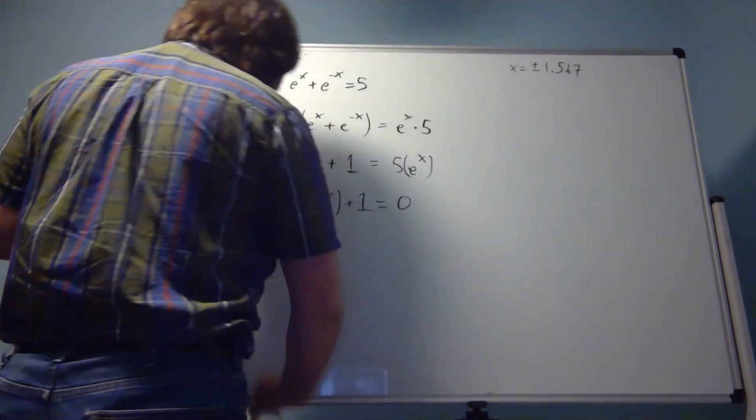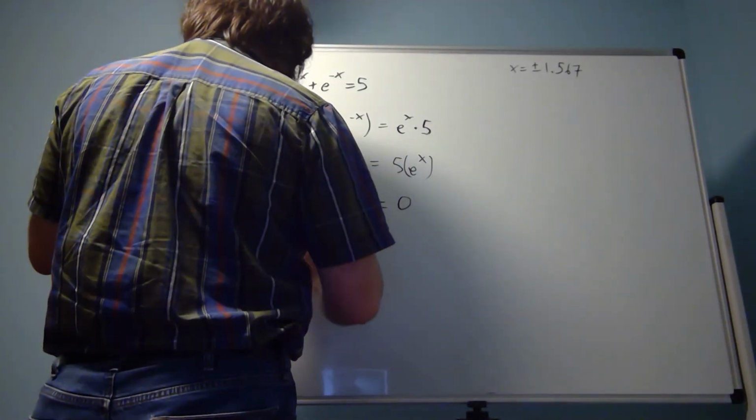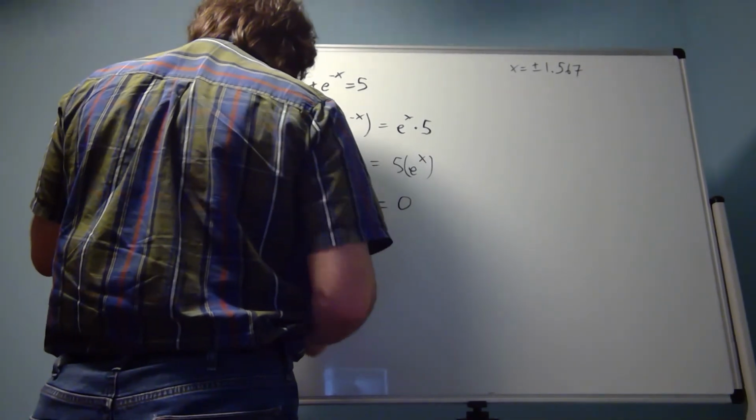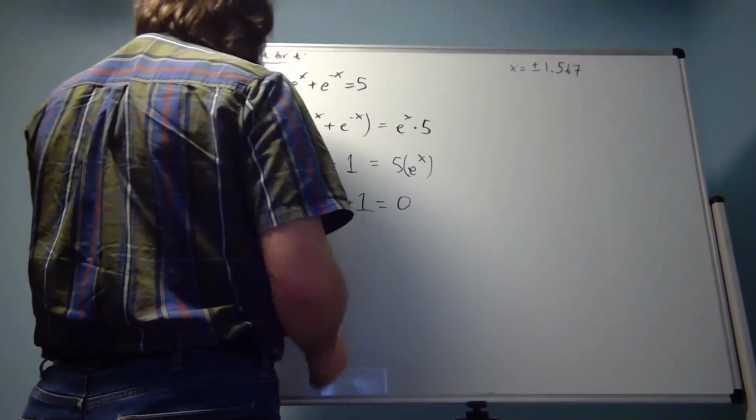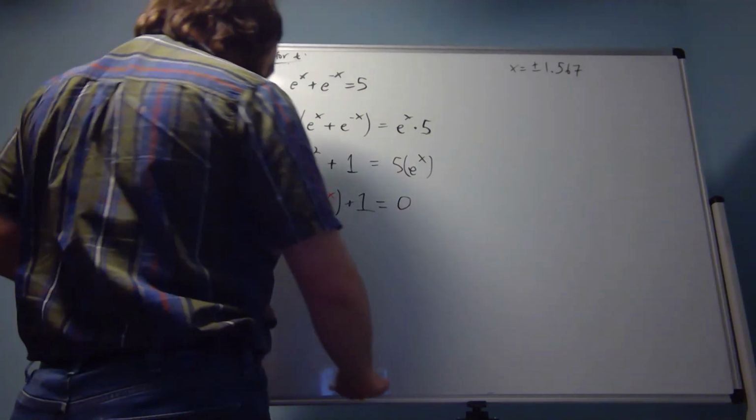It looks like a quadratic, but what we end up having here is that e to the x is squared, first power, plus a constant.